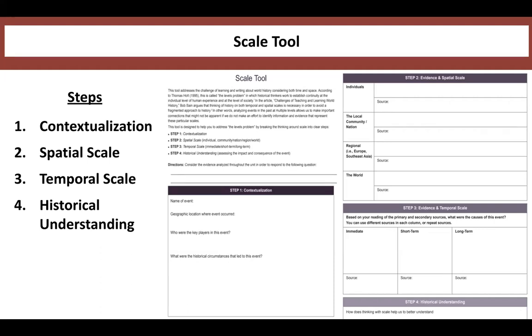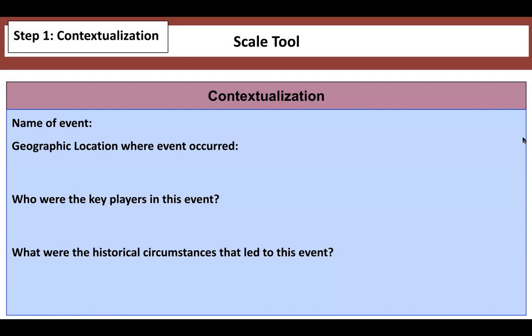So it's not something that only happens in that moment, it has impacts and consequences beyond that. And so we will use this tool to get students to have a really good multi-layered understanding of an event.